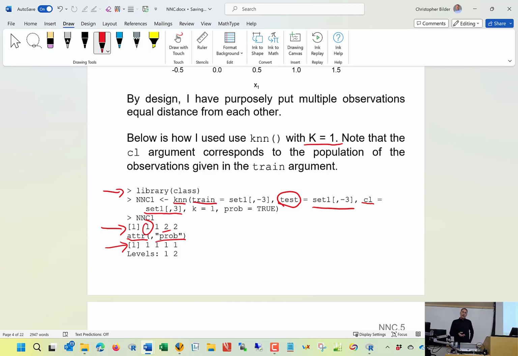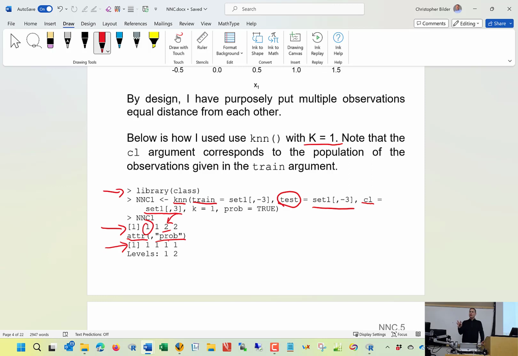The probability that's returned to us, unfortunately, is only the highest probability. So for a classification for group 2, the probability for group 2, in other words, the observed proportion. I should say that instead. The observed proportion of my k equal 1 nearest neighbors was 1 over 1 for group 2.